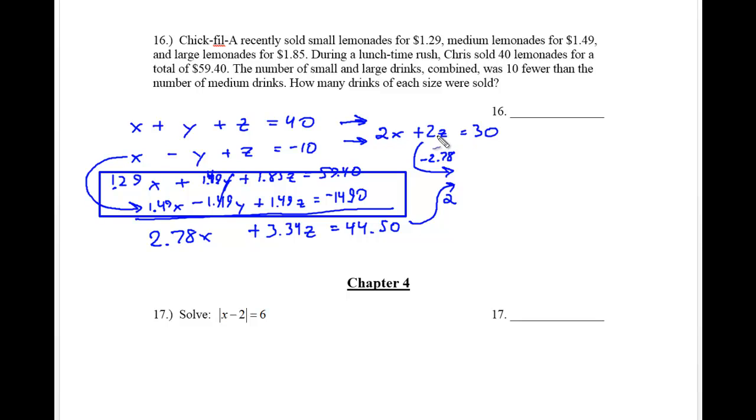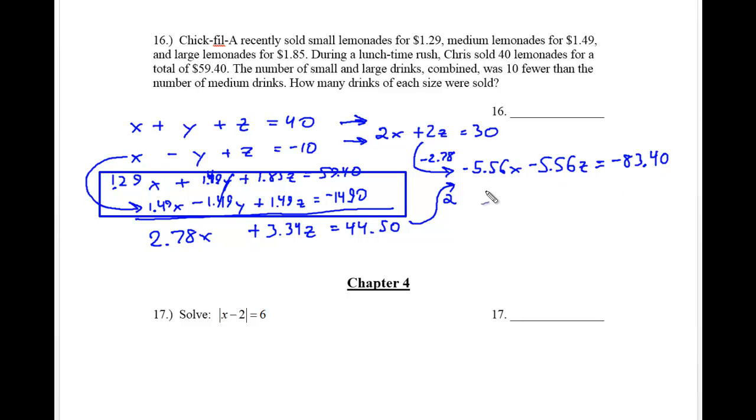So I take my 2 and multiply it by negative $2.78, which gives me negative $5.56x. Multiplying the 2 by the z term gives me negative $5.56z. And 30 times negative $2.78 is negative $83.40.